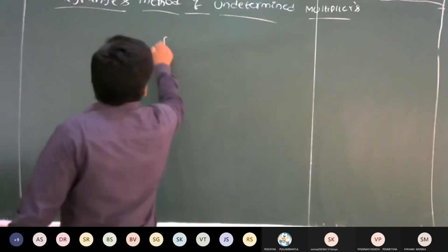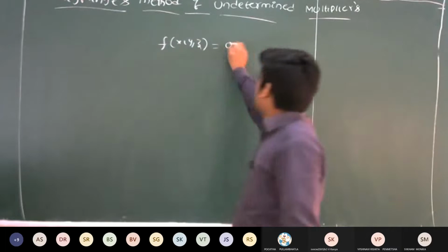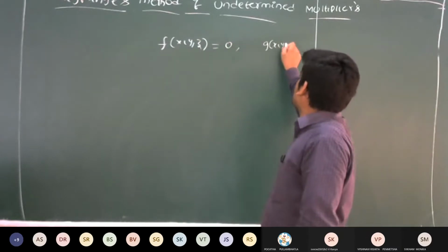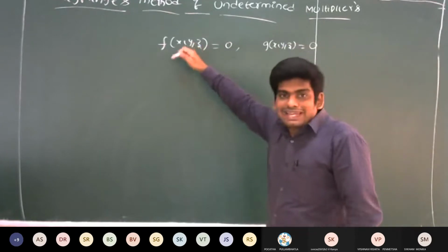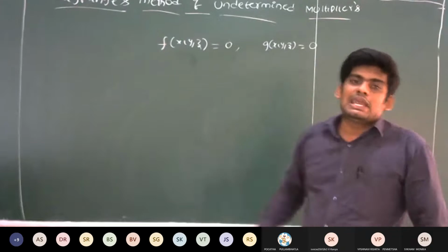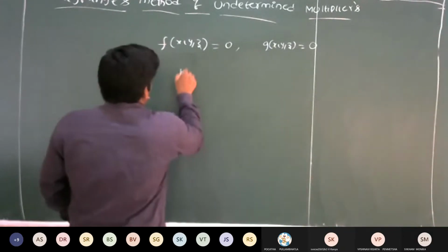Given that we have two types of equations. One is f of x comma y comma z, and the second one is the constraint, that is g of x comma y comma z equal to 0. We can connect this function to this constraint by using an unknown parameter, that is lambda, a non-zero parameter.